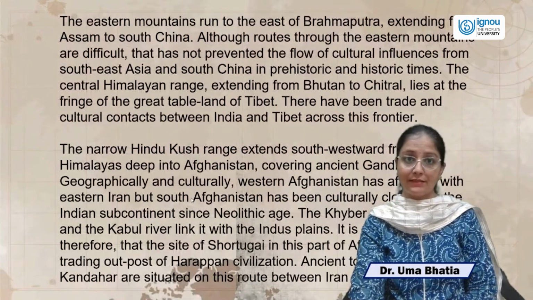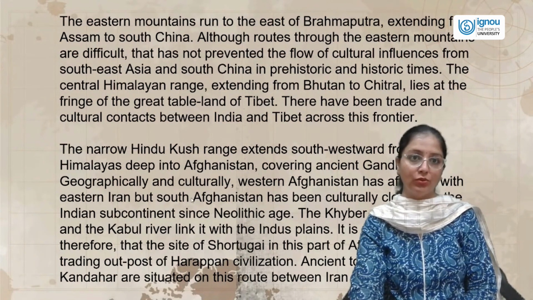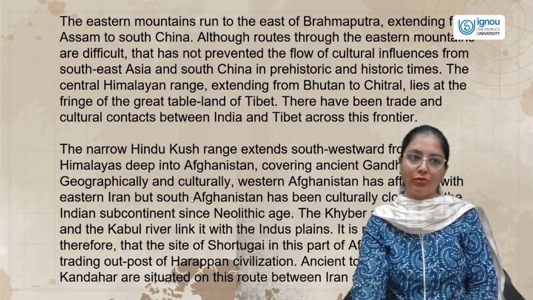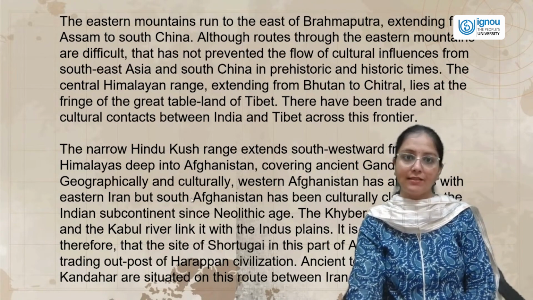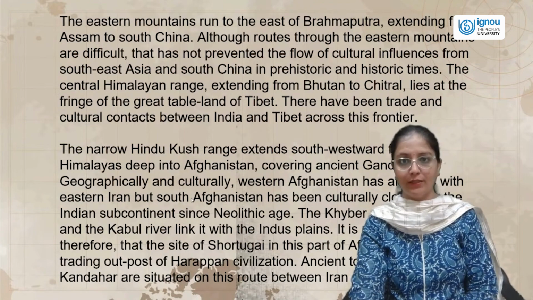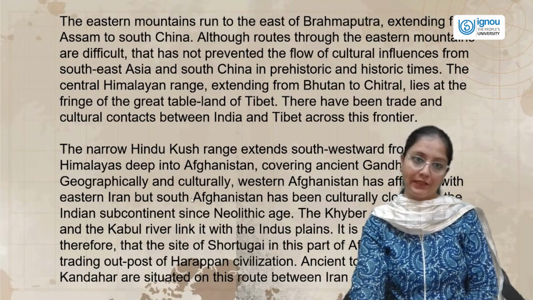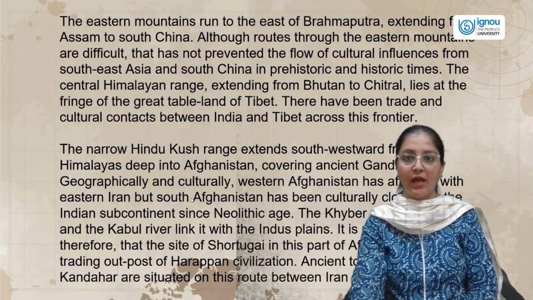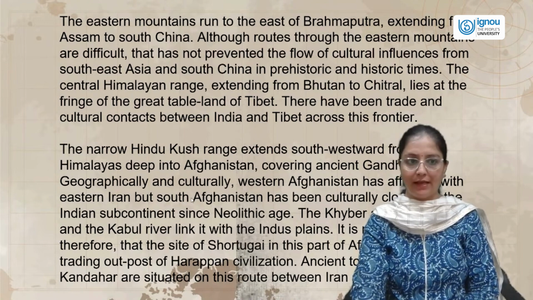The eastern mountains run to the east of Brahmaputra, extending from Assam to South China. Although routes through the eastern mountains are difficult, that has not prevented the flow of cultural influences from Southeast Asia and South China in prehistoric and historic times.